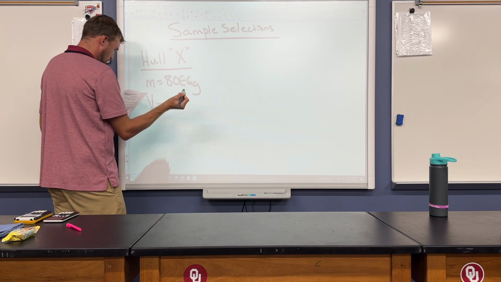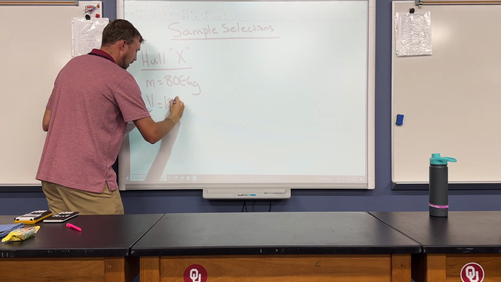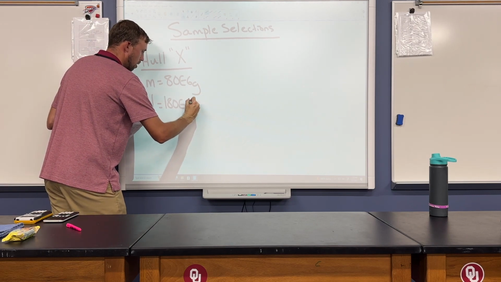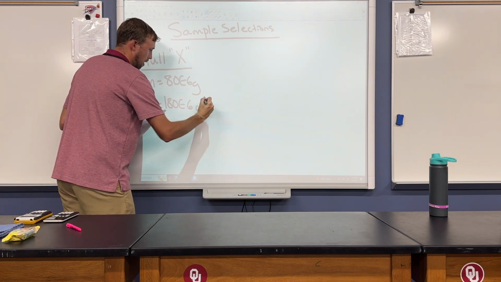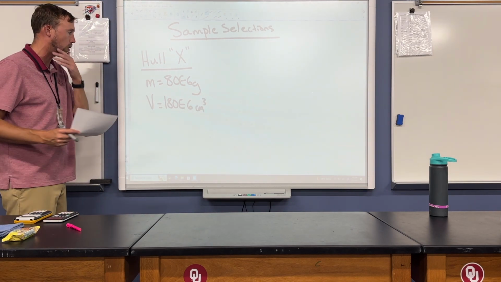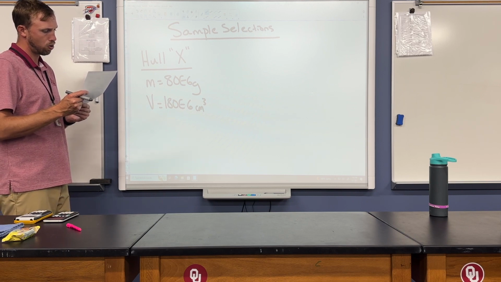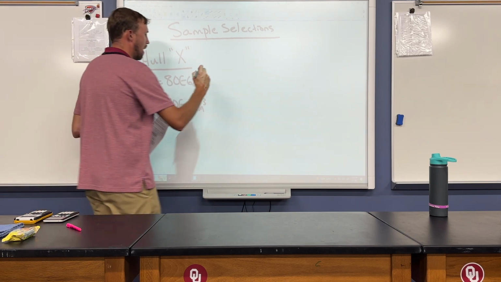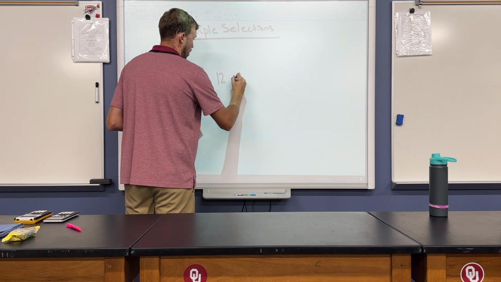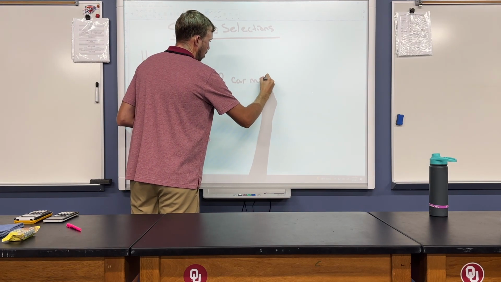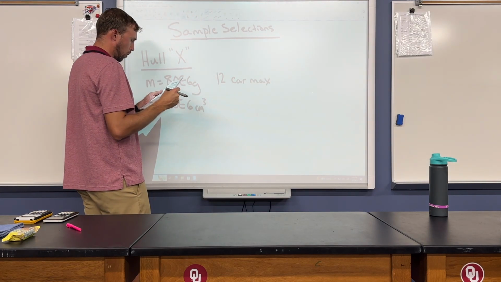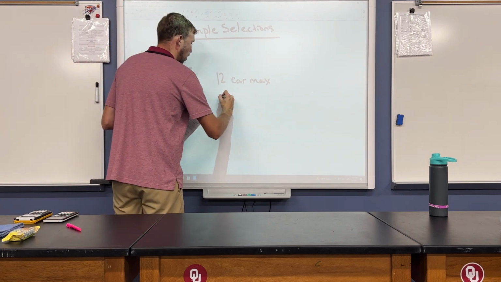It has a volume of 180 million cubic centimeters. Times 10 to the 6th is on the order of million. We've got a 12 car max, and a cost per trip of $90.